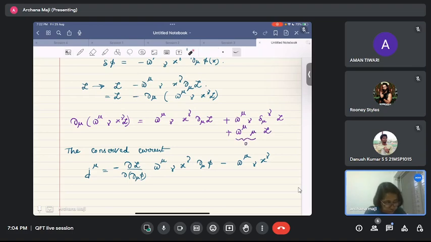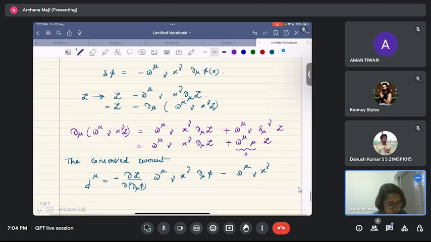So for that reason we can write this particular term as a total derivative of the term inside. So this is equal to omega mu nu x nu del mu L.